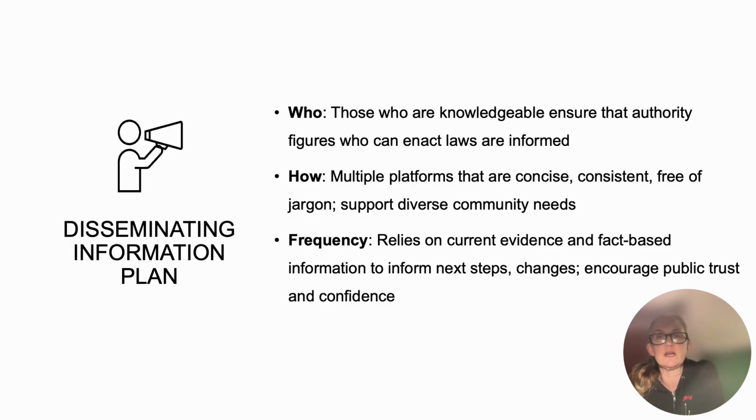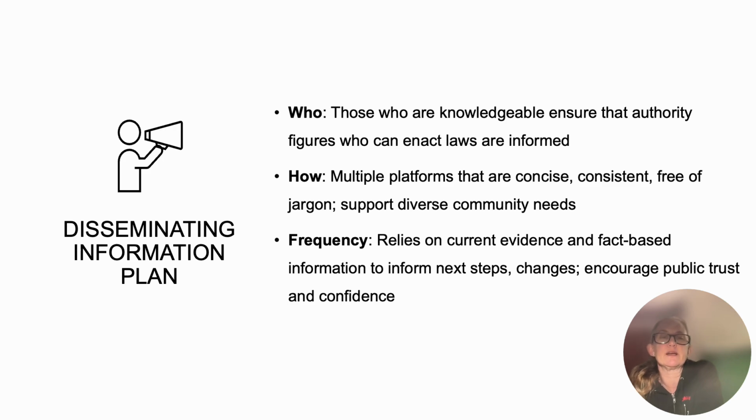Authority figures who can enact legal policies, such as regional leaders, should be fully informed to implement necessary public health interventions. Next, the information will ideally be communicated in a way that is concise, consistent, and free of medical or technical jargon, ensuring that diverse community members can all understand the materials that are made available.